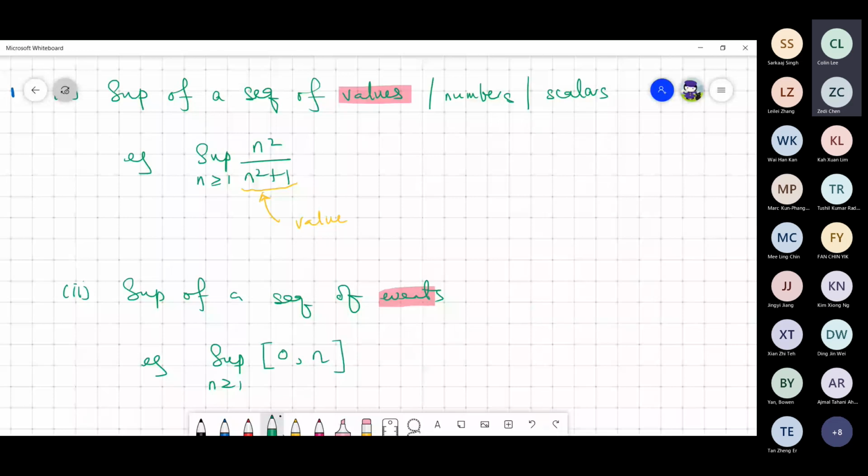For the second kind it is much easier: this simply means the supremum is equal to the union of all the sets for n from 1 to infinity. So one supremum is associated with numbers or values, and the other corresponds to events or sets. Don't mix them up.